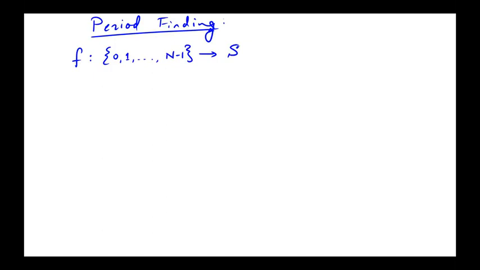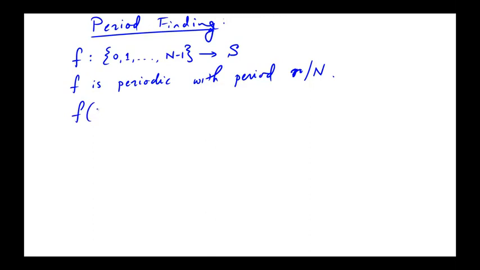But we are told that f is periodic with some period r which divides n. Meaning f of x equals f of x plus r, let's say mod n. So we're working modulo n. Okay, so we are wrapping around.